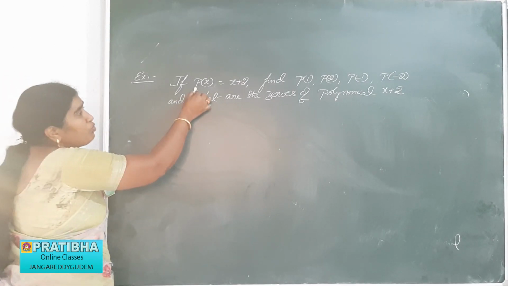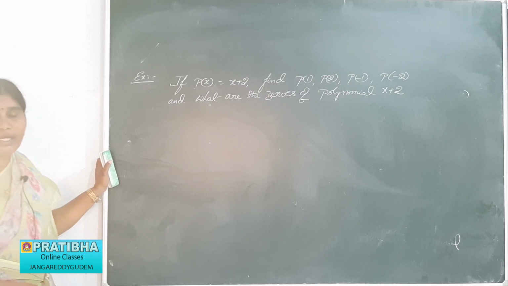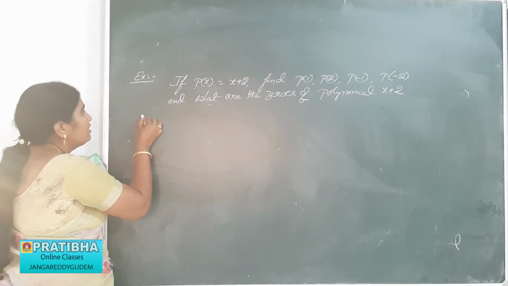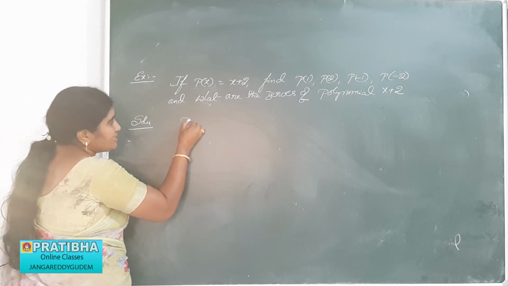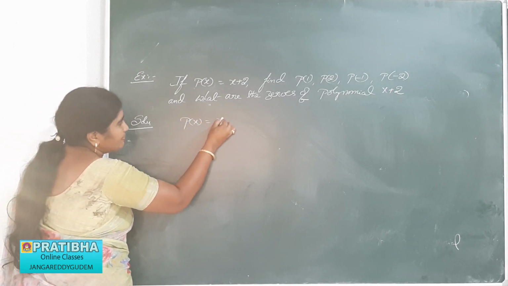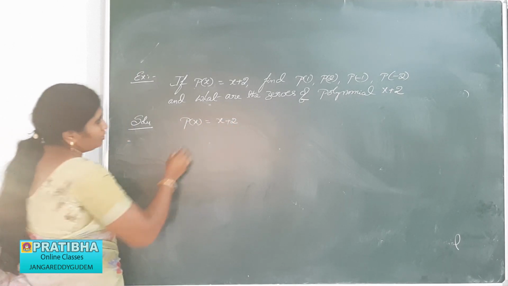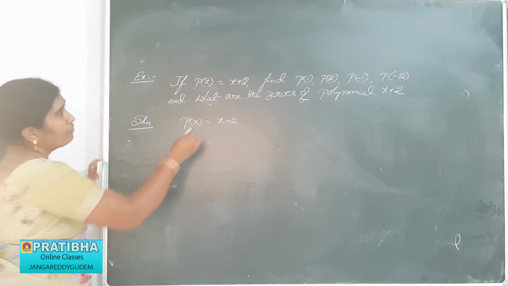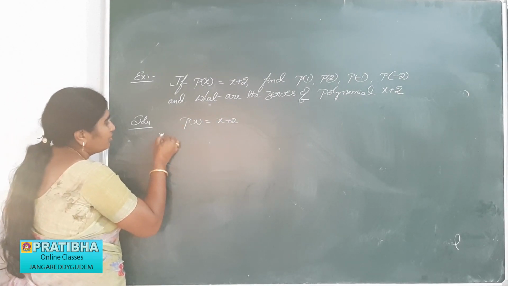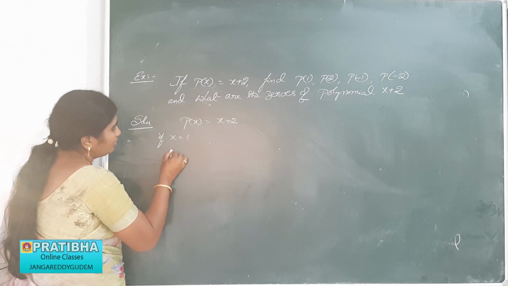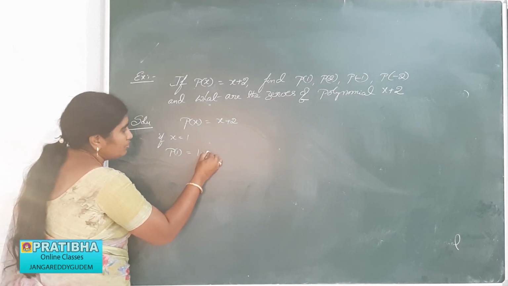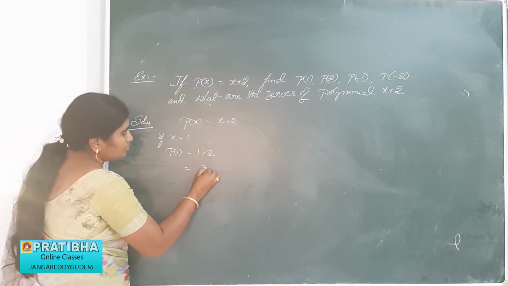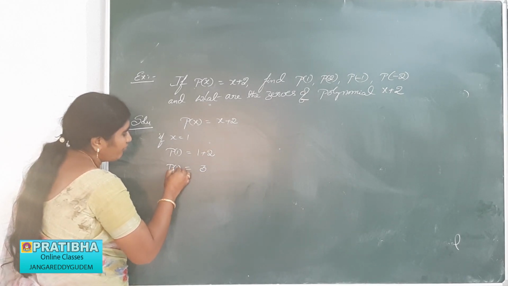p of x means polynomial in terms of x. Solution: p of x equal to x plus 2. First, if x equal to 1, p of 1 equal to 1 plus 2, that equals 3.